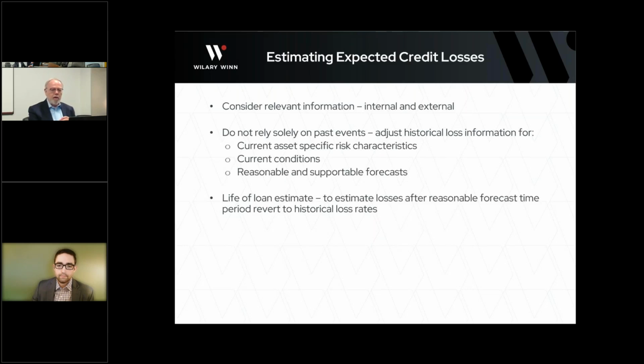You're trying to anticipate how the pool has changed relative to macroeconomic standards in response to current conditions, and then how do you apply the forecast? It's a life of loan estimate, and you can, we don't think it's the best, revert to historical loss rates. You can basically revert to the mean if you don't think that your forecasts are reliable enough.